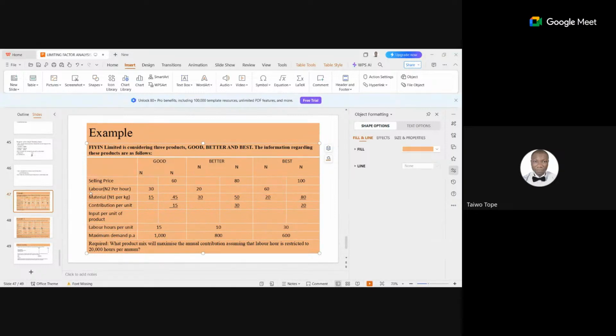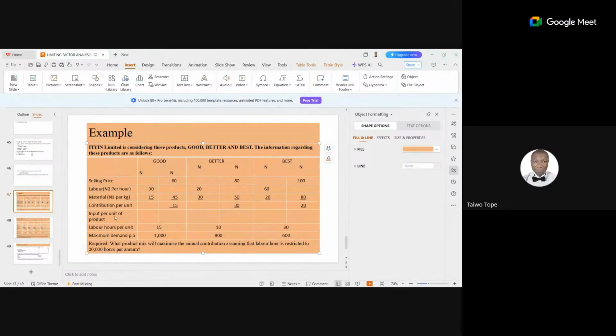So when you go to the Pathfinder, you see a question. The value of the labor or the material is in brackets in this form. They've not given you the overall value incurred on 1 unit. So how many hours do you spend in producing 1 unit of good? It will be 30 divided by 2 naira per hour.